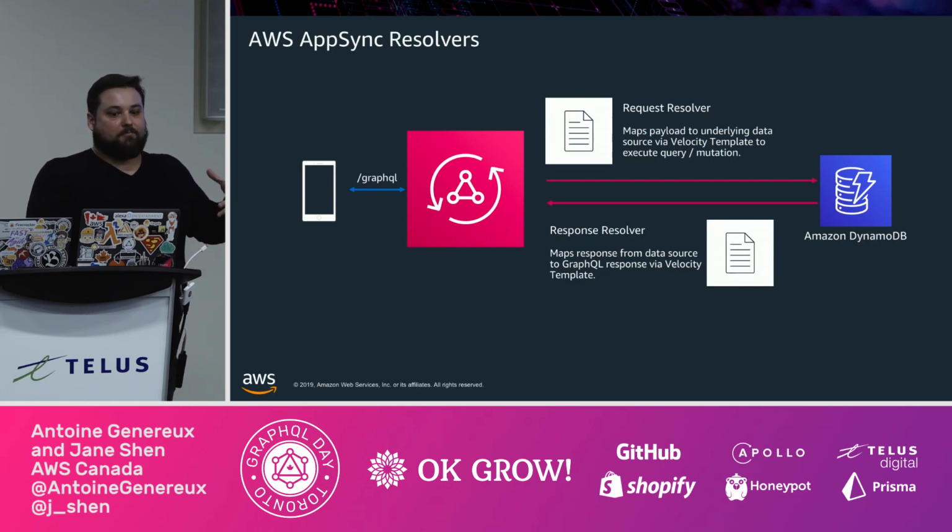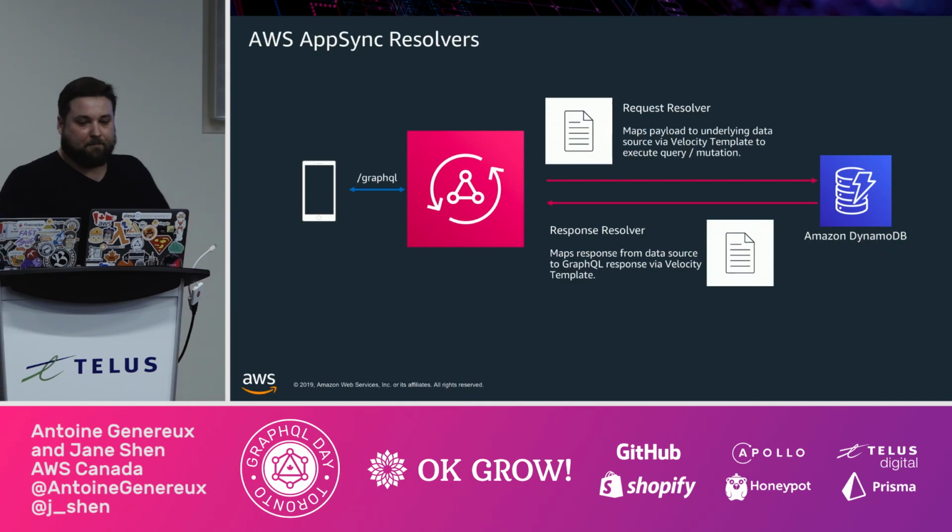So as you probably all know, with resolvers the whole idea is to take your GraphQL call, do a translation to whatever your backing store needs, typically a REST call, and then translate it back on the return function. So we use the Apache Velocity templating language to achieve this.